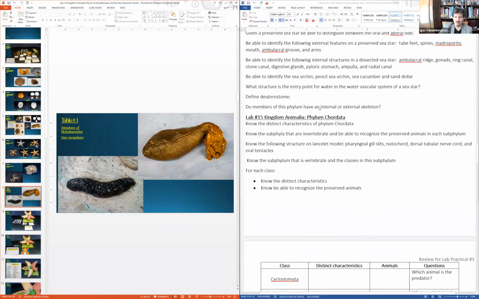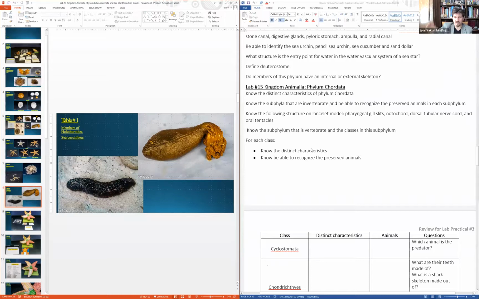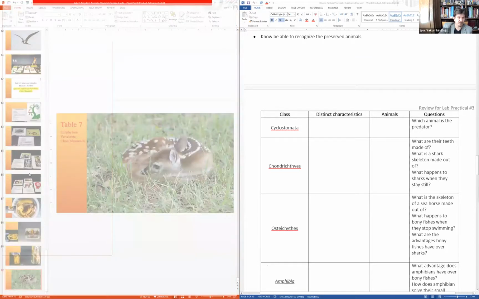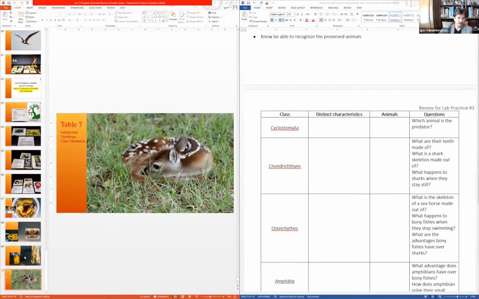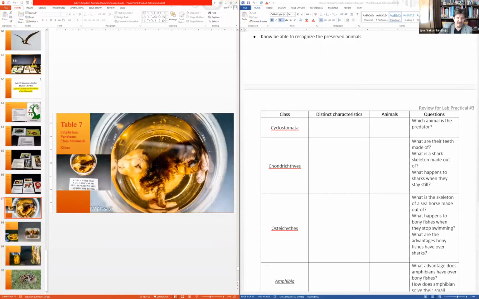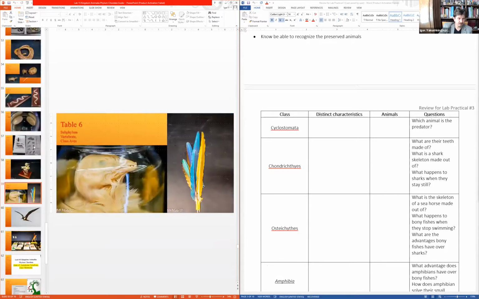Do members of this phylum have internal or external skeleton? Internal skeleton. On lab 15 we covered that pretty much, but just in case, be able to recognize the preserved animals. So we're talking about something like a puppy, a bat, kitten, chicken.